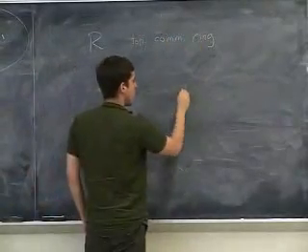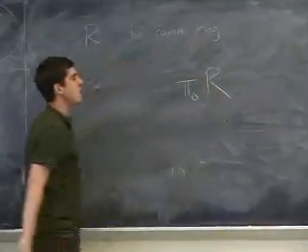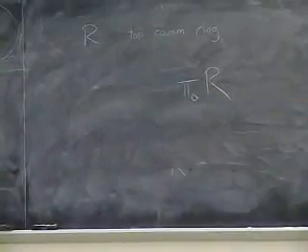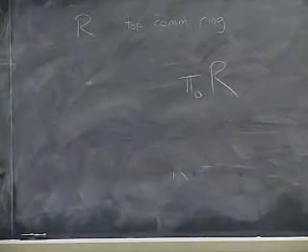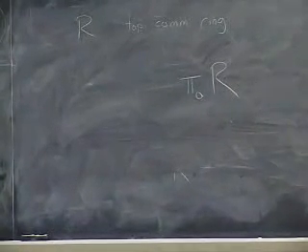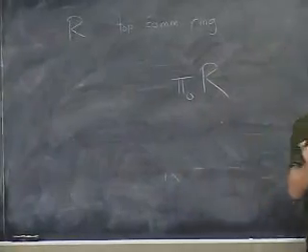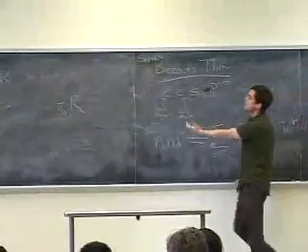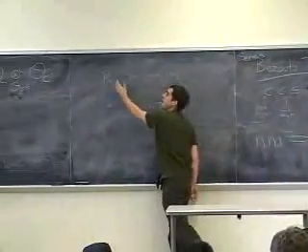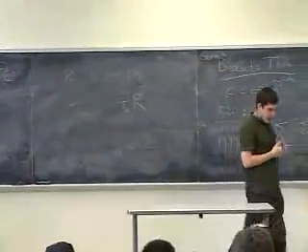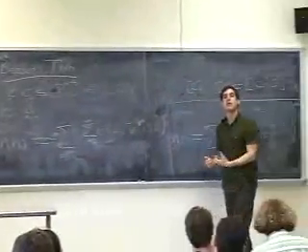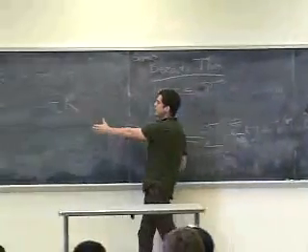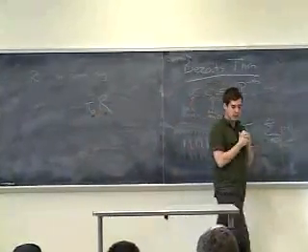Well, first of all, we can make an ordinary commutative ring by collapsing all of the path components of R to a point. Pi 0 of R is just a commutative ring in ordinary algebra. And what I want you to think is that pi 0 of R is the underlying commutative ring of R. The difference between R and pi 0 of R as a discrete ring is that R might also have some higher homotopy groups. And those higher homotopy groups might carry some interesting information. That's sort of the whole point of this business. But somehow, pi 0 contains the most interesting or the most fundamental information.